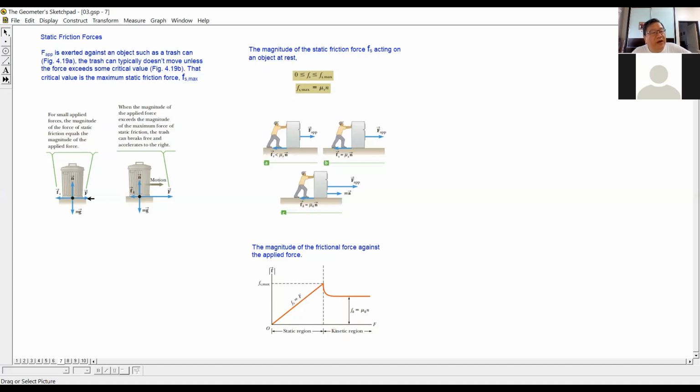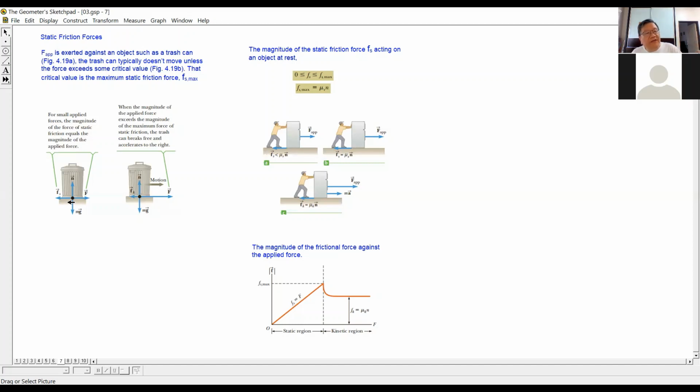So when you put an applied force here, the F with an arrow at the top, and you push it to the right hand side, the static friction opposes it towards the left hand side. So they oppose. And it is not the maximum force yet because it is not moving now. It's not moving, so it's not the maximum force yet.